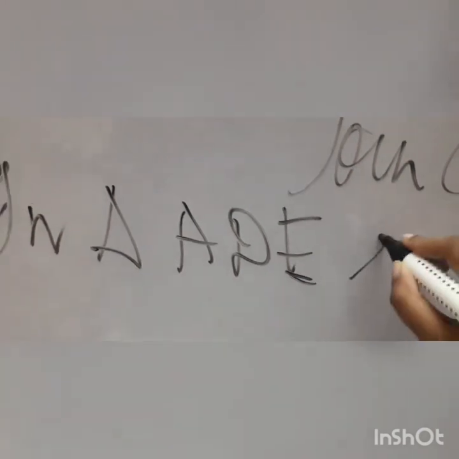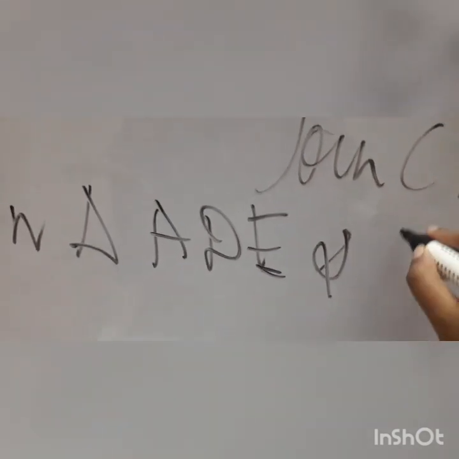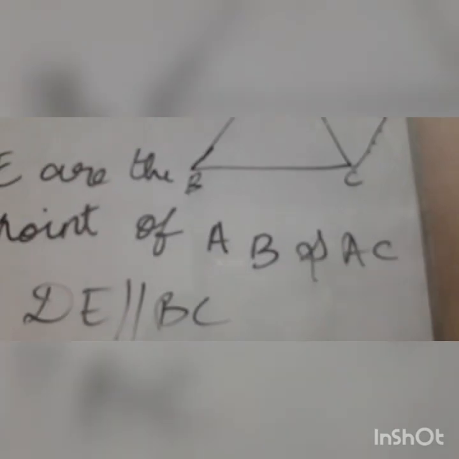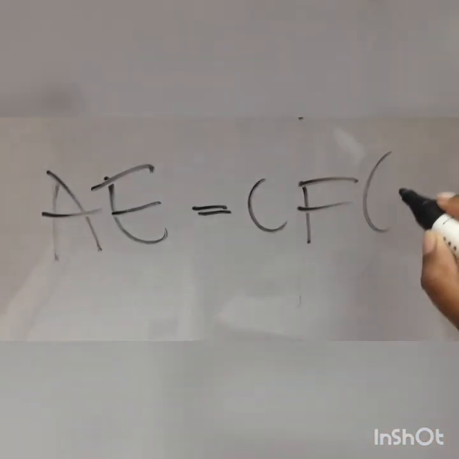In triangle ADE and triangle EFC, ADE and EFC, here AE is equal to CF because E is the midpoint. Okay.